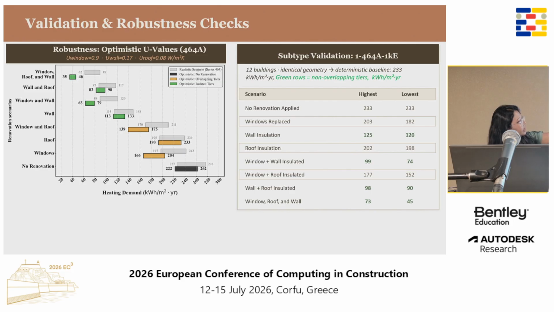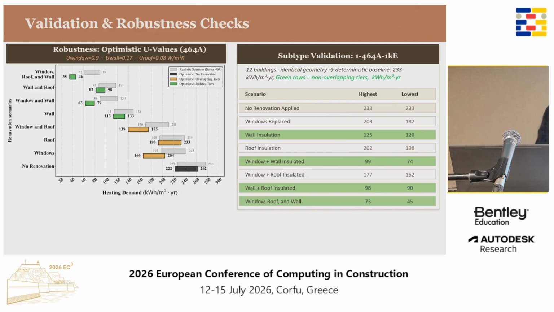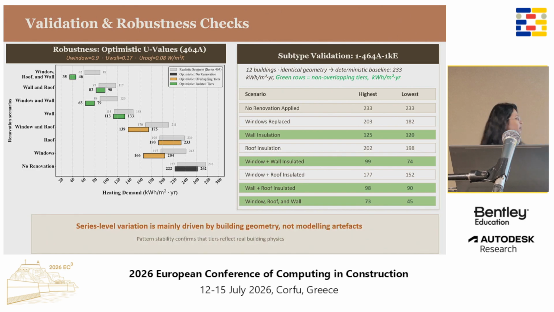In this case the geometry is identical, and we can see that the non-renovated situation has one deterministic value, and again the wall-involved scenarios give the best results, and in this case we also have a smaller range. So overall that helps us conclude that the series-level variation we have found is not a modeling artifact, but rather a result of variation in geometry.